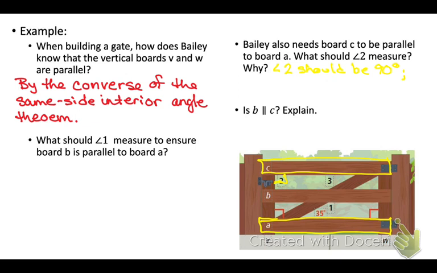Because if it was 90 degrees, and you have 90 degrees right here, not alternate, it'd be same side.